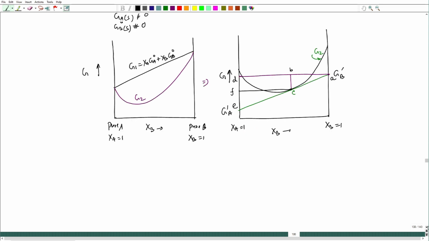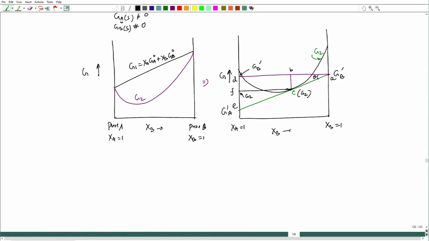Okay. Now, I could see that this point is nothing but G B prime, and this point C is basically G 2 at the composition at point C. So, this point will also be G 2 on the free energy axis. Now, let me look at the slope of this green line, which is the tangent line. That slope will be decided if I consider A to be the reference.